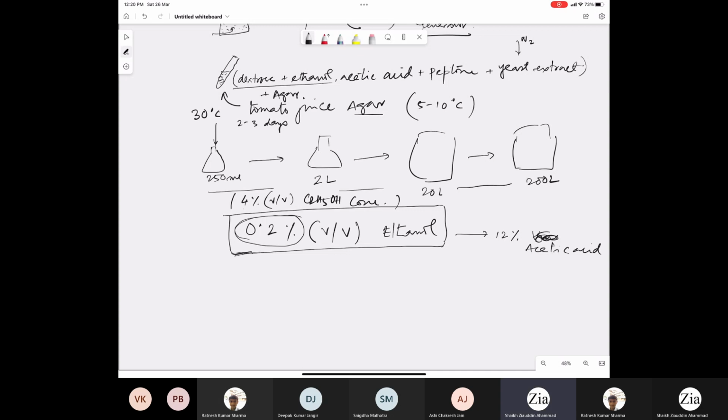And in a modern fermenter, they have a sensor to sense this concentration. So whenever they sense this concentration, automatically the feeding tank will open and then fresh feed will get added to the system to maintain the desired concentration of alcohol.